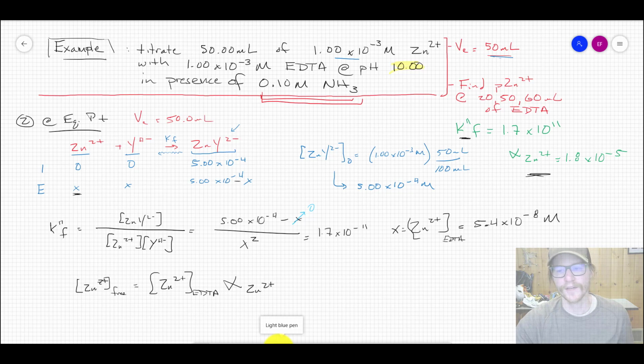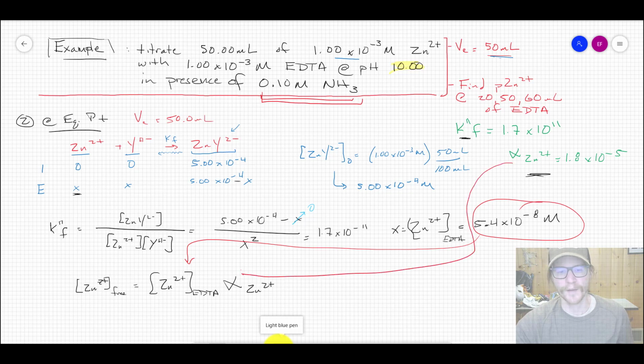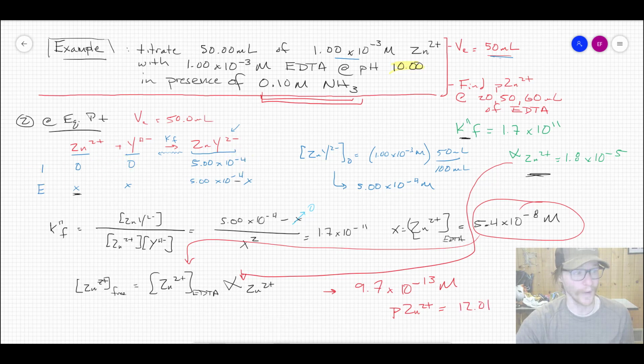If we take this value and this alpha value and pop them in here, we compute the actual free concentration, which is 9.7 times 10 to the minus 13 molar, and if we take the negative log of that, that gives us a pZn of 12.01. So quite low concentrations, 10 to the minus 12.